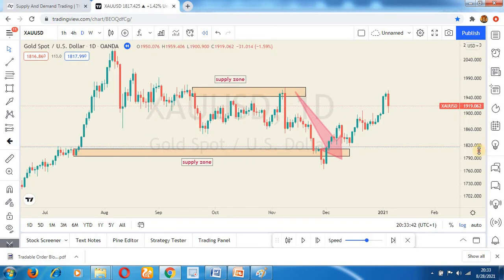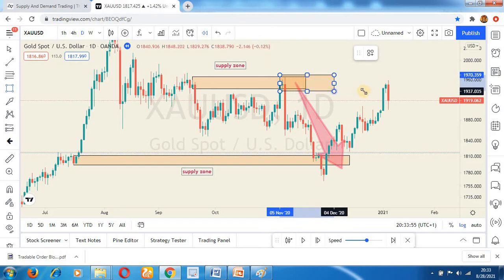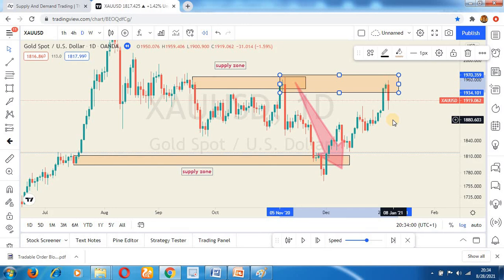Now look again, as this was also a big rally, creating a supply zone again around here. See what price has done as it came into this. You see that green candle before the red fall, price started falling again.